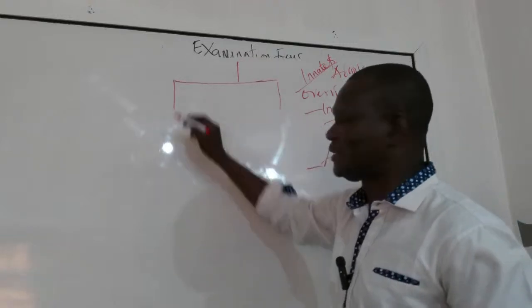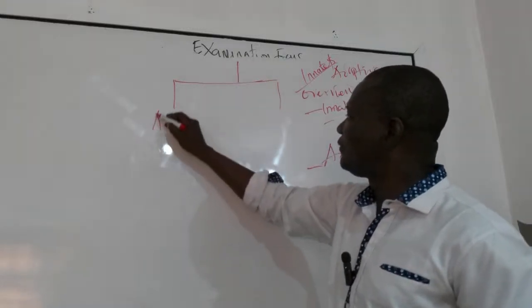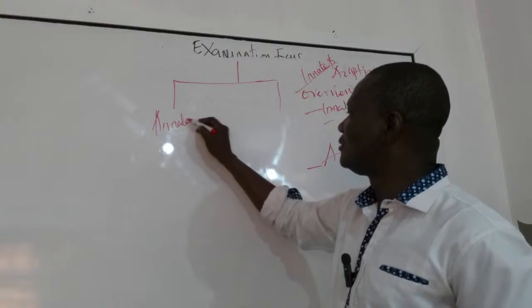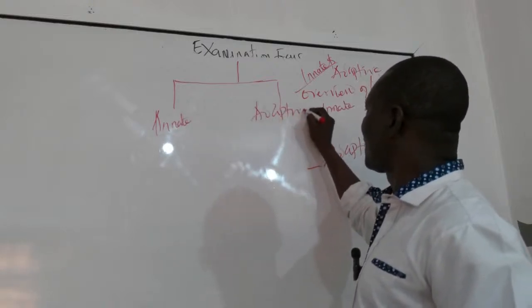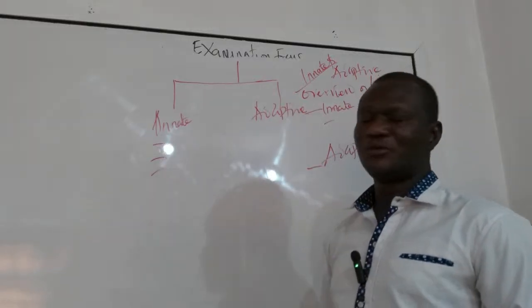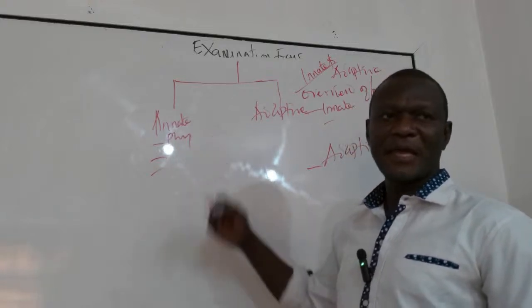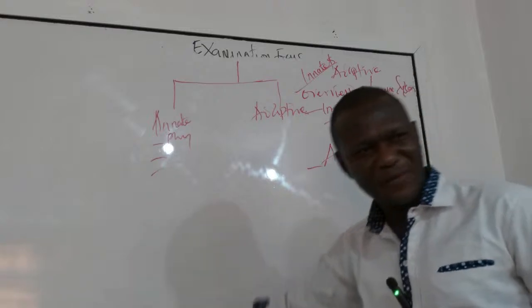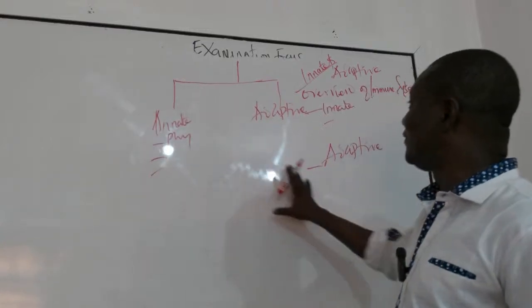On the chart, you should be able to tell us that we have innate, then we have adaptive. When we have innate, what do they do? Which are the physical, chemical and microbial barriers? You have to mention all of them. I need that chart. That chart is very important.